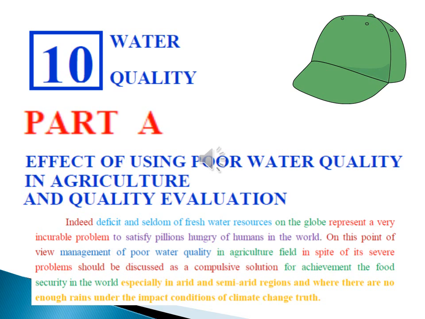Hence, management of poor water quality in the field of agriculture, in spite of its severity, should be discussed as a comprehensive solution for achieving food security in the world, especially in arid and semi-arid regions, where there are not enough rains under the impact of climate change threats.